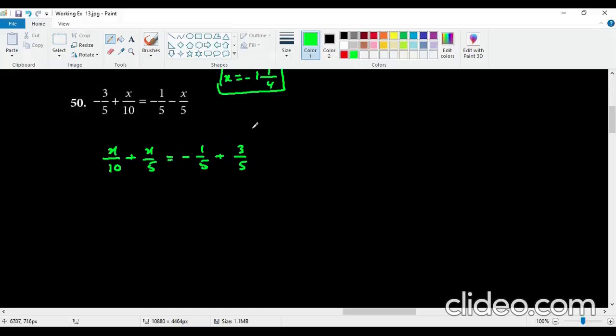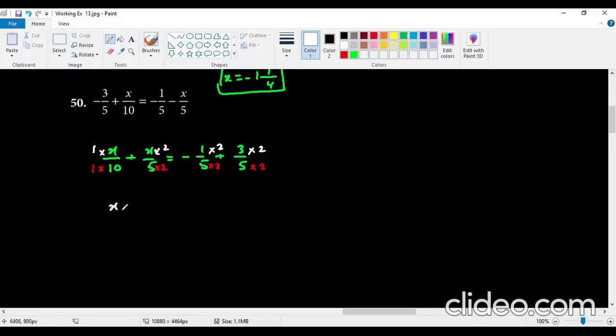Since the denominators are 5 and 10, so I will make this 10 multiplied by 1, 5 multiplied by 2, 5 multiplied by 2, and 5 multiplied by 2. This is going to give us, this becomes a 6, this becomes a 6, this becomes a 2, this becomes 2x, and this becomes x.